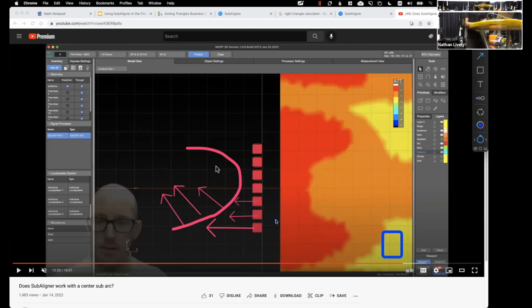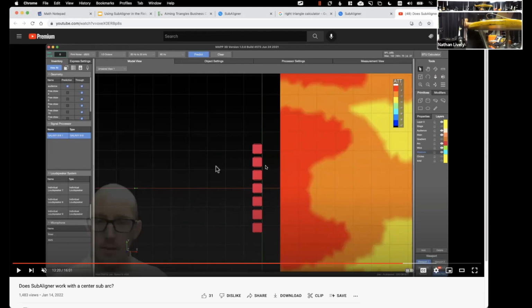But what I have found is that the only way to really know this ahead of time is to put this in your model and solo each of these. Here's what you do. It's basically a two-step process. Number one, measure your subarray all together and look at the combined, average phase on your audio analyzer.